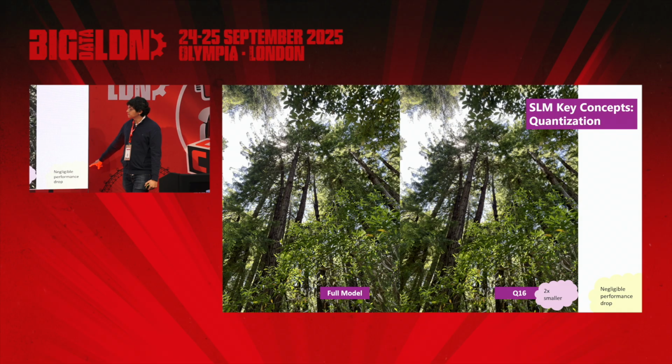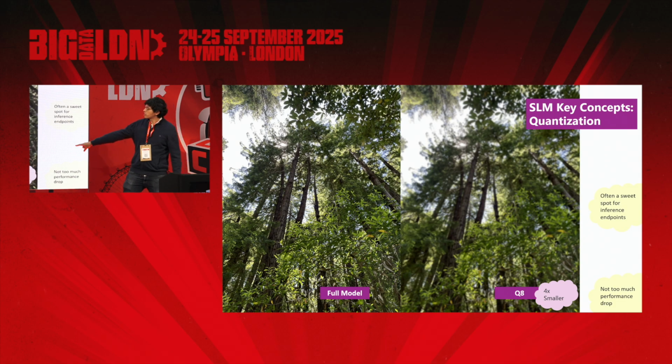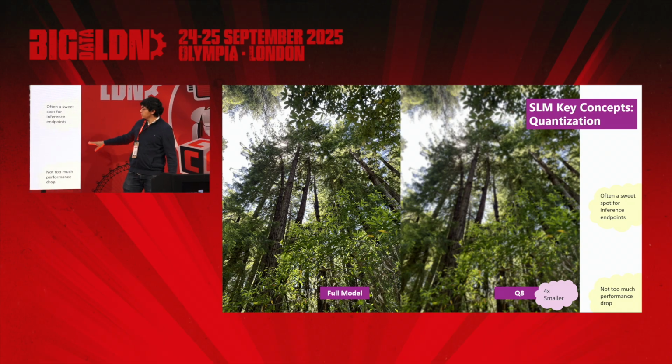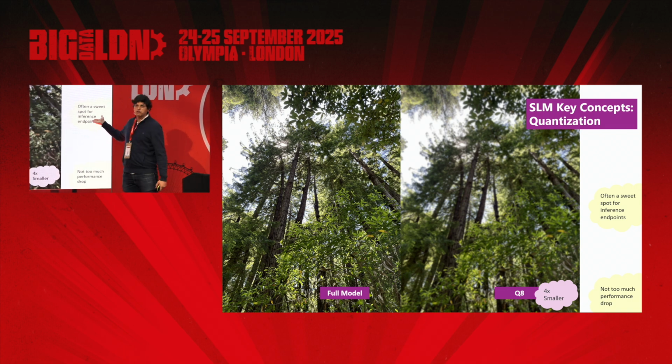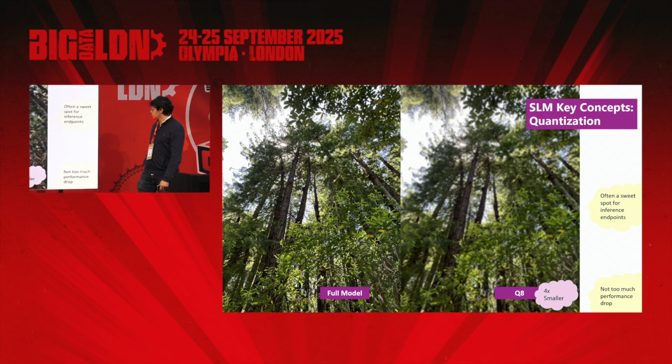So you're talking size and inference that is a lot less carbon intensive, and it's just faster. You can keep going as well. You can do a Q8, which is 4 times smaller, and you have not too much of a performance drop compared to the original model. This is often a sweet spot for inference endpoints. When you go to a commercial inference provider, they're sometimes giving you a quantized model.